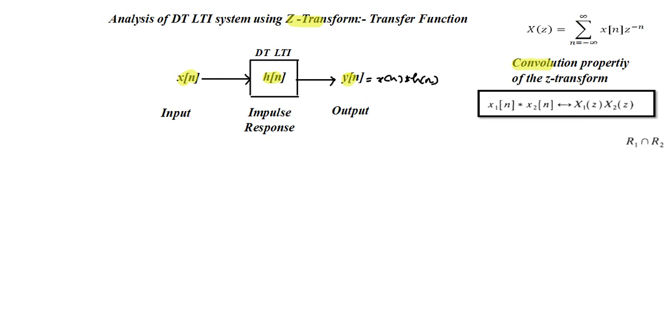So based on that, we can do one thing. Assume that the transform of x of n is X of Z, the transform of h of n is represented by H of Z, and the transform of y of n is represented by Y of Z. Based on the convolution property, the transform of the convolution x of n convolution h of n can be written as X of Z into H of Z. The convolution operation becomes multiplication.